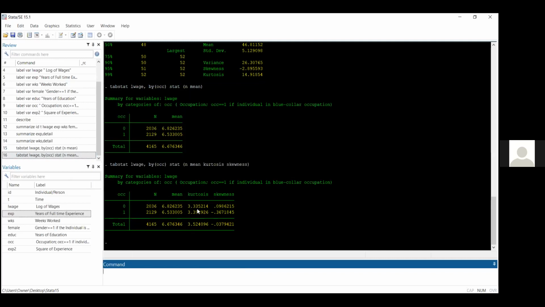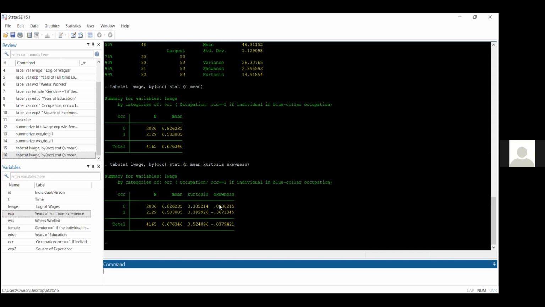Once you do that, it just tells you. So for kurtosis, it is above 3, which means for log wage for those in non-blue collar jobs, it is a peaked curve because it's above 3.